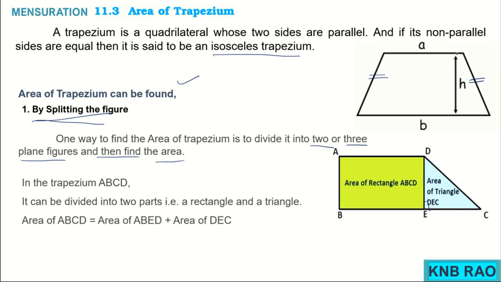Here you can watch it. This long portion is B. The parallel sides' lengths are A and B, and the height is H. Now see children, if you want to find the area of ABED, the base is B, but I have taken EC as x, so I am subtracting that.